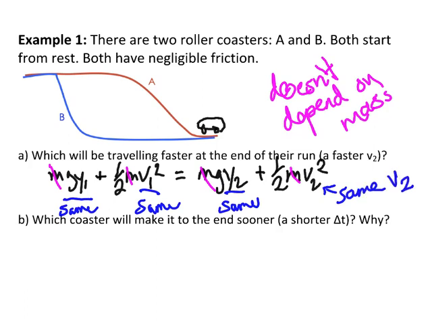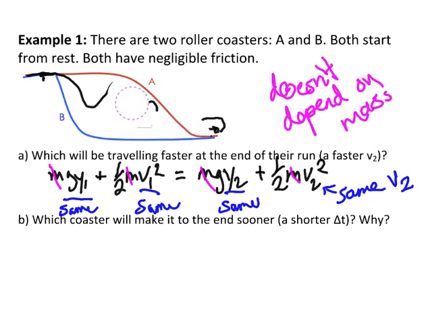Everything else in this equation is the same, right? Of course, g is the same for both of them. They're both on the same planet. So they must have the same speed at the end. So whether you take this path or that path, or another one that has a hill and a loop-de-loop in there, that doesn't actually matter. If they start at the same height, end at the same height, and started at the same speed initially, they'll have the same final speed.